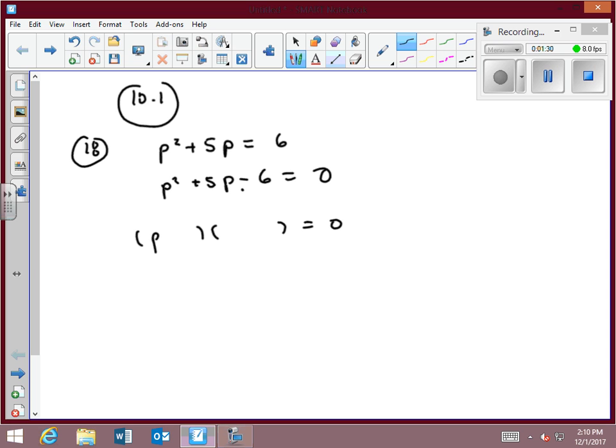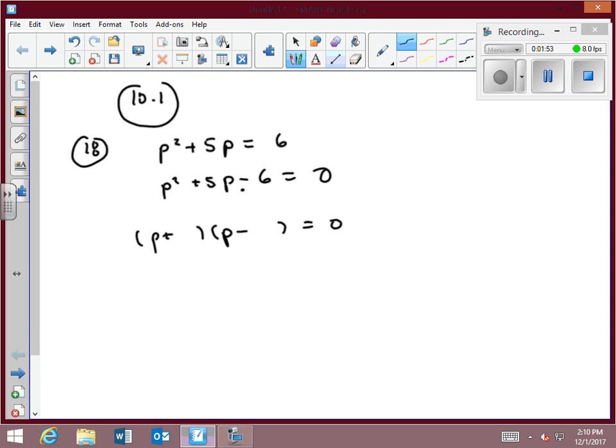So you're going to have a P and a P. What are the signs? Opposite. Opposite signs, because that thing there is a negative. So it's plus and a minus. Two numbers times itself is 6, whose difference is 5. 6 and 1, right? Now, which one's going to be positive?